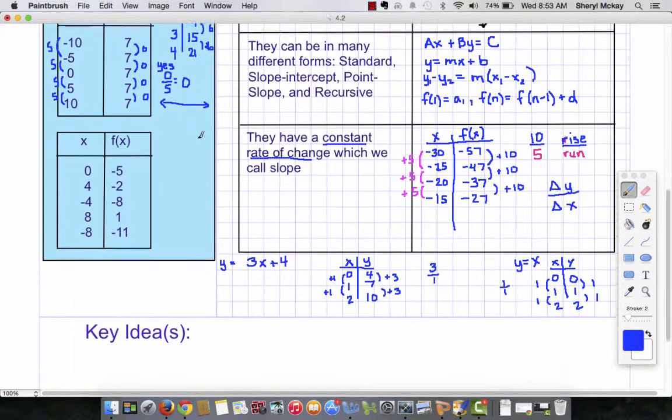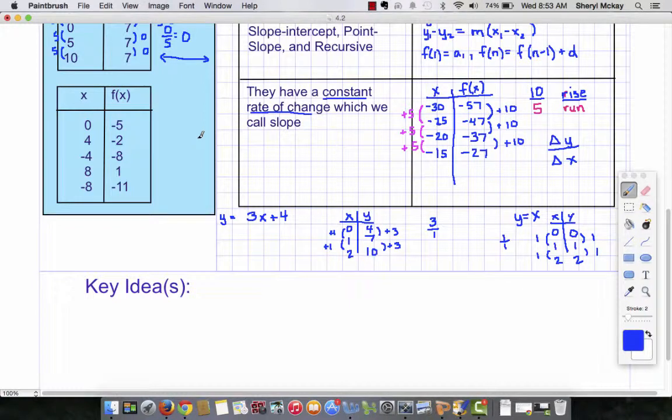All right, last one. Take a look at this one and see if you can decide if it's a linear function, and if it is, what the constant rate of change is. This one was very tricky, and the first time I did it, I got messed up because I started saying, well, negative 5 to negative 2 is positive 3, right?